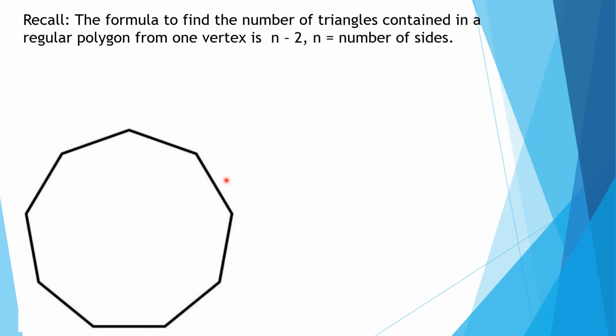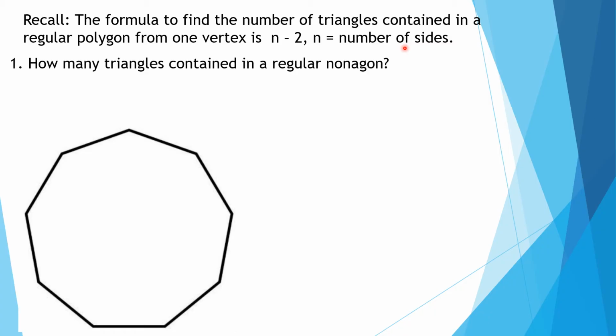Let us recall the formula to find the number of triangles contained in a regular polygon from one vertex is n minus 2, where n is equal to the number of sides. How many triangles are contained in a regular nonagon? N, or the number of sides, is equal to 9.